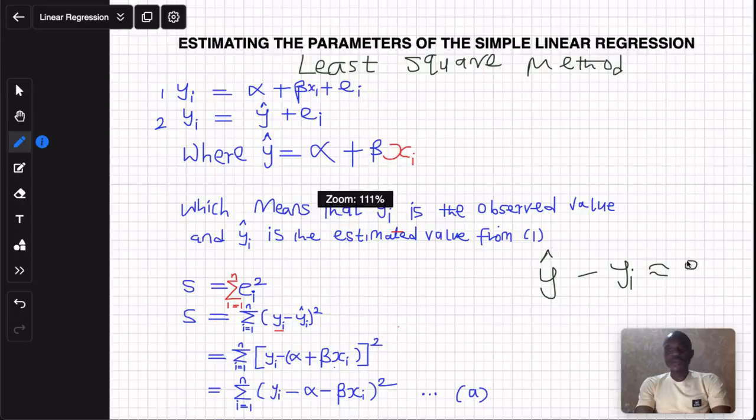It may not be zero, but it will be small. The gap between these two will be small. So, for instance, 1 is closer to 0 than 2, and 4 is closer to 0 than 9. So we are saying that the error will be minimized. We may say the minimum possible error will be obtained when you use the least square method.